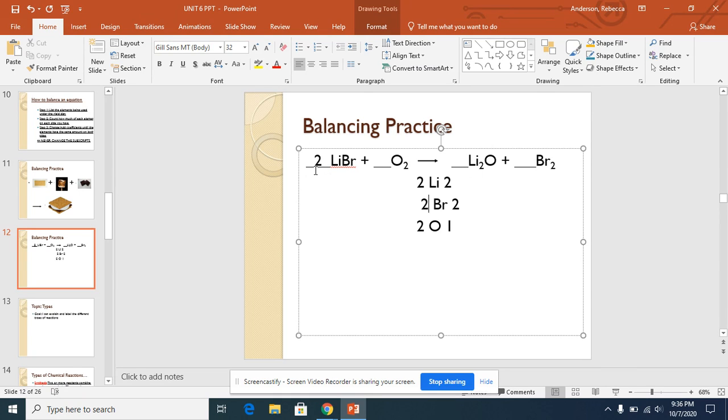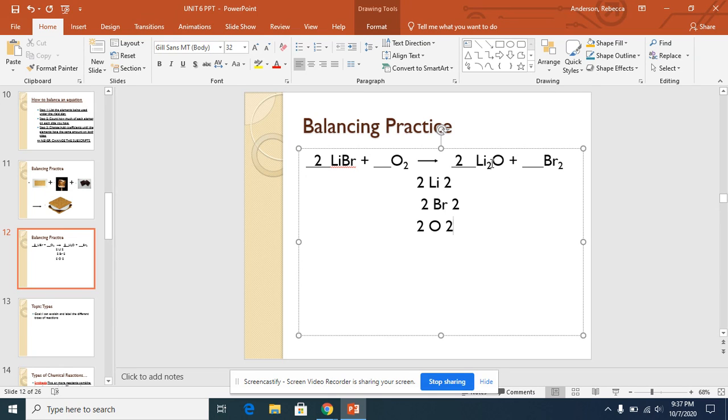Okay, since we've done that, well, the Brs already matched up, so that's good to go. Now let's look at oxygen. Here we have 2 oxygen. Over here we only have 1. So what can I put in front of this compound to make oxygen equal 2? Well, I could put a 2. 2 times 1 is 2, so that changes that to 2.